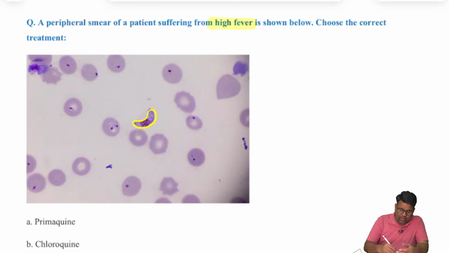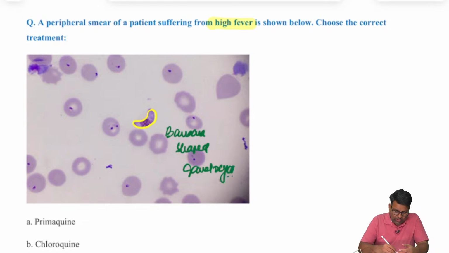And you can also see some ring forms, like headphone appearance.